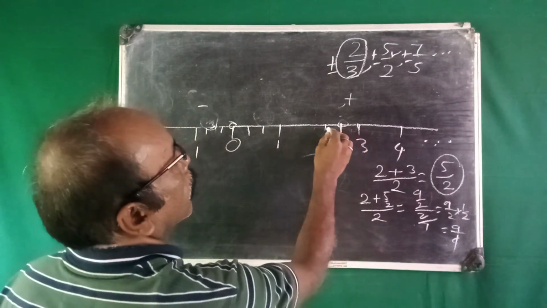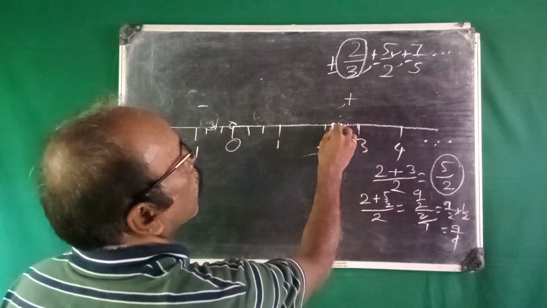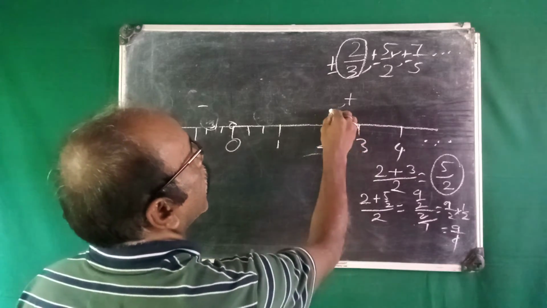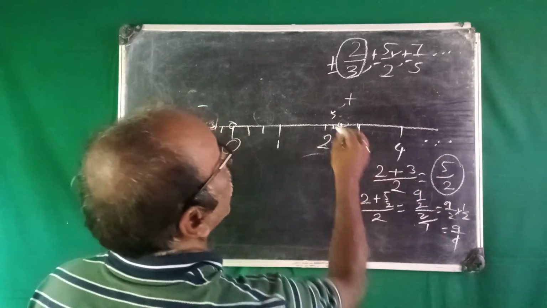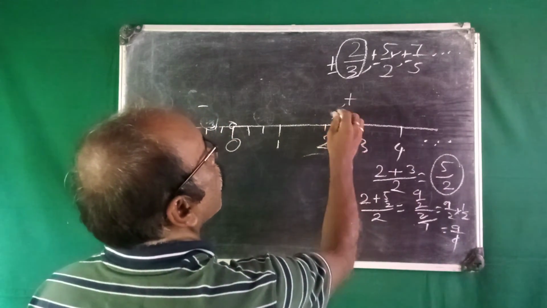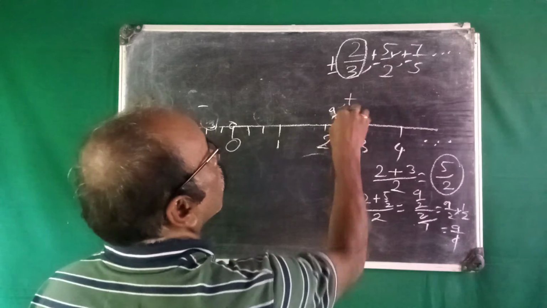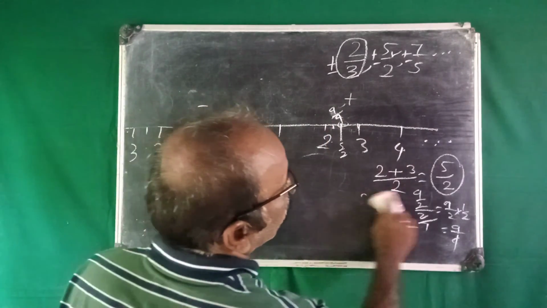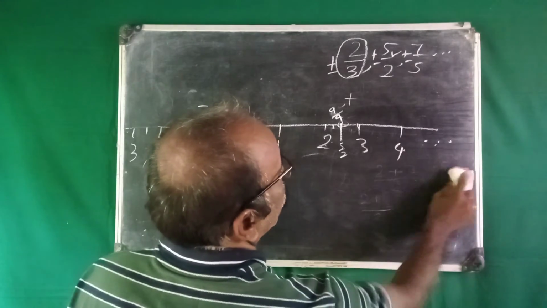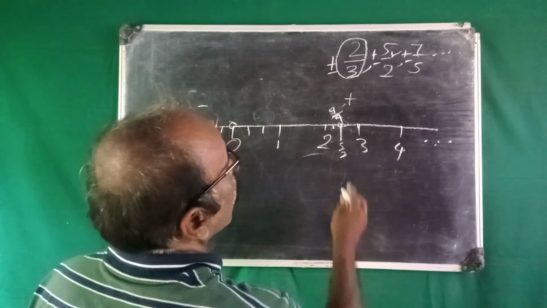This is the middle portion of 2 and 5/2. This will be 9/4.